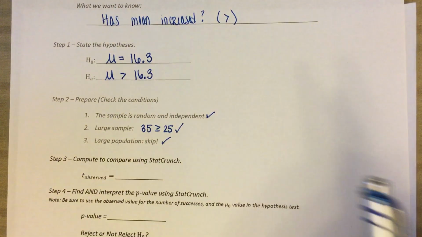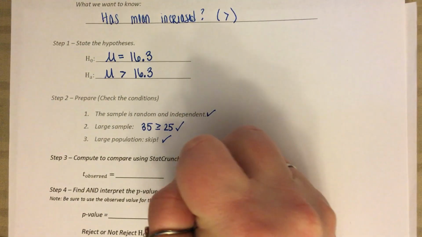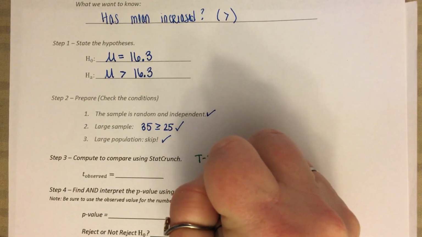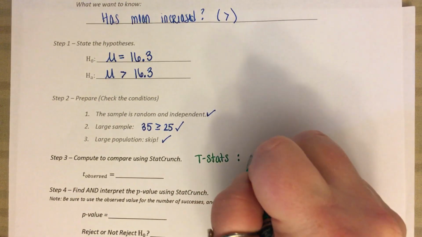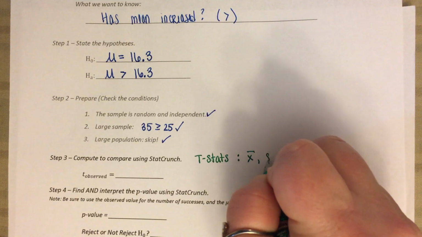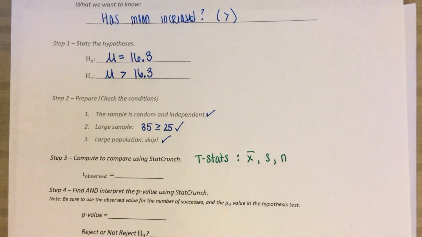Now we are going to compute, compare, find and interpret our p-value using Statcrunch. Like we did in the last section, when we're working through Statcrunch, we are going to go into our t stats, and then we're going to enter our x bar, our s and our n. So our sample mean, our sample standard deviation, and our sample size.